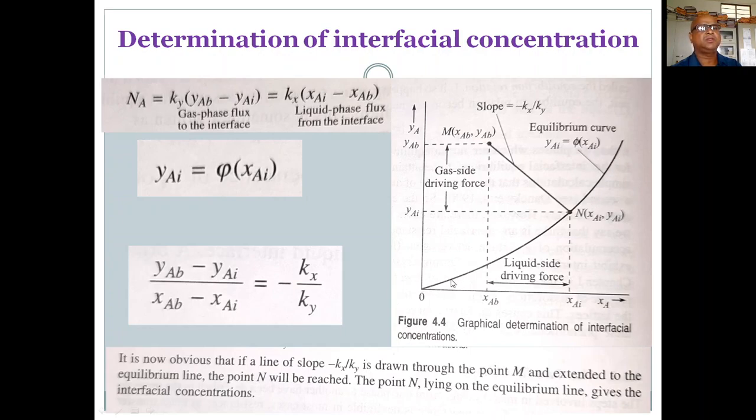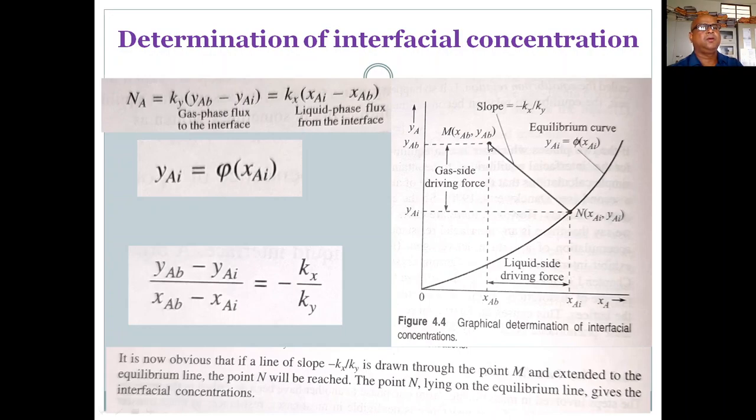For a particular system, how we generate this equilibrium curve, I now know from the last day's discussion. Now this point is the point XAB and YAB. Let's take the case of absorption of carbon dioxide from a mixture of carbon dioxide, hydrogen, and nitrogen through ethanol.